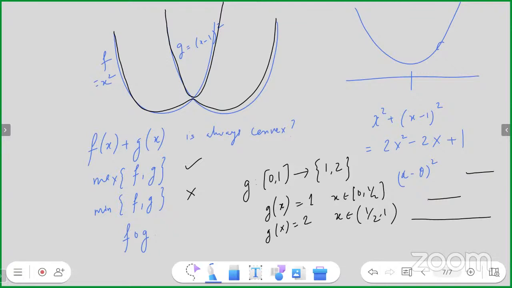So, I don't think f of g is convex because I guess e to the power minus x squared. No, this is, I think, much more basic question. Is unit step function convex? Before going there. Domain is all of R. This is 0, this is 1. Is it convex or non-convex?